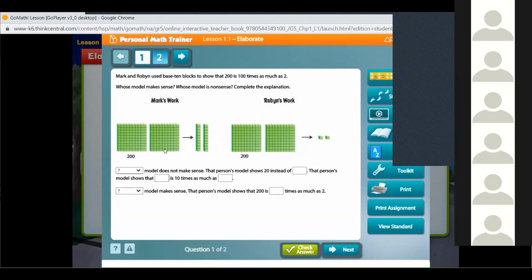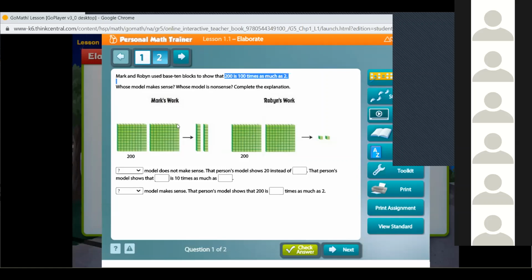Mark's work, he has shown this. This one or this one. 200 is as much as 100 times 2. So which one is correct? Robin's work or Mark's work?